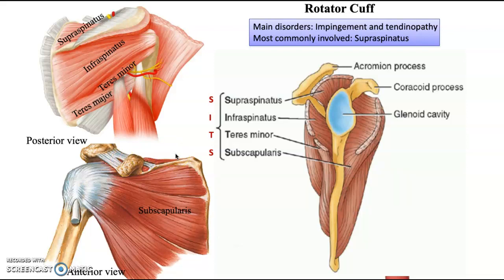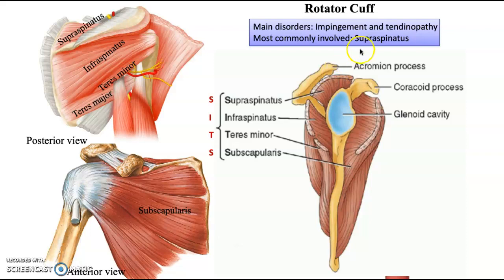Now again, when we talk about the action of the deltoid, we said it is the strong abductor of the arm, but the initiation of the abduction is done by supraspinatus. So that is a very important function of supraspinatus. So when the initial 15 degrees of abduction is achieved by supraspinatus, then the rest of it is done by the deltoid.